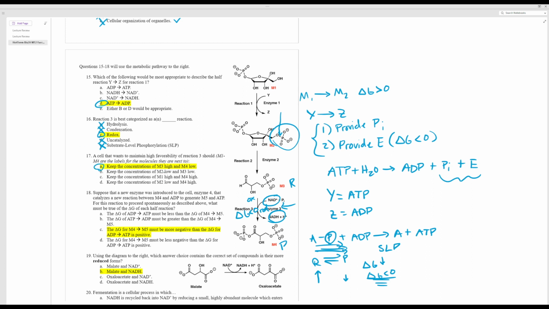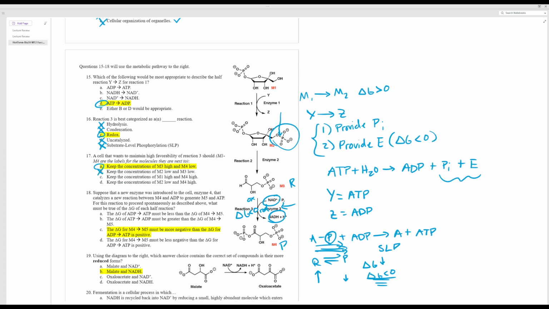Now, if we were to keep the concentrations of M2 low and M3 low, we'd be having very low reactant concentrations, so we'd be favoring the reverse reaction. We'd make it less favorable for reaction 3 to proceed forward.